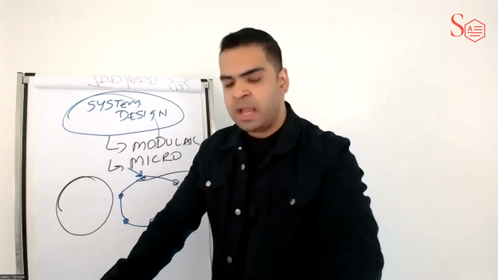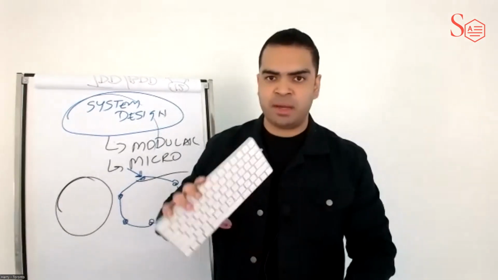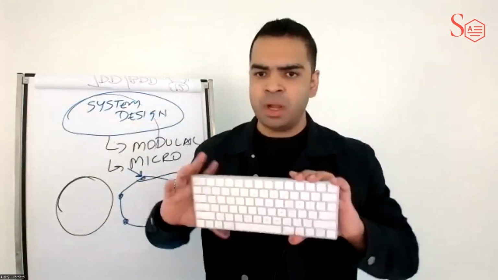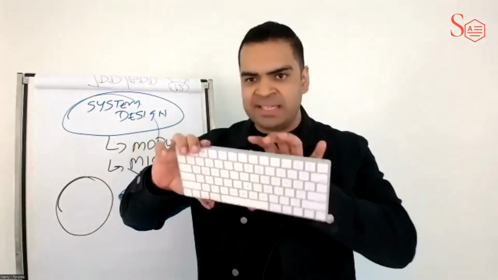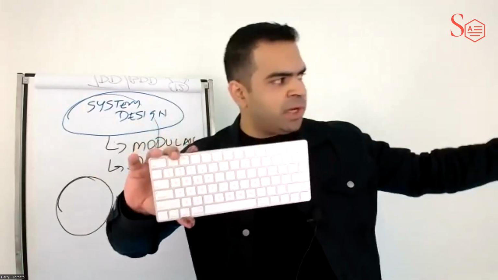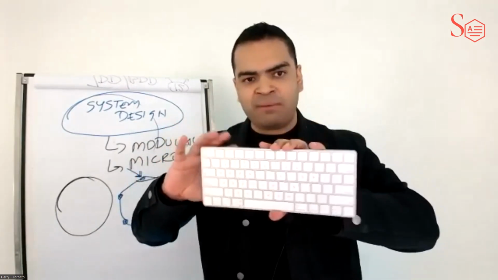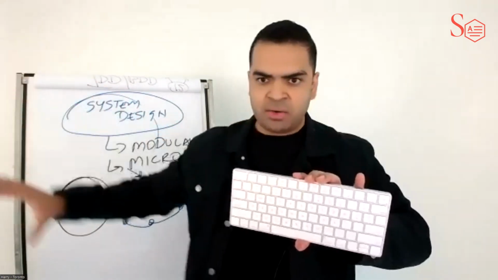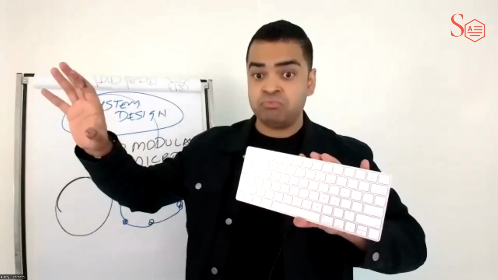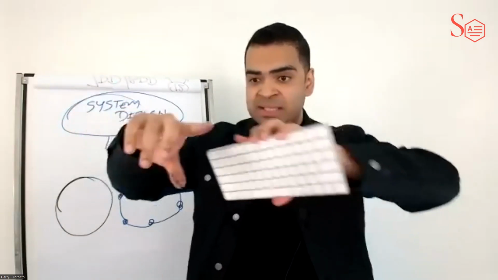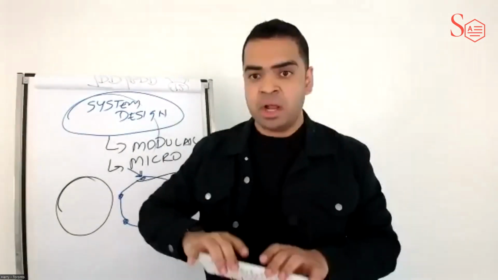As an example, I've got a keyboard over here. You see my keyboard? Yeah, this keyboard is connected to a MacBook. Now, a team built this keyboard. If that team wants to release the next version of this keyboard and I'm ready to buy it, can I buy a newer version of the keyboard without changing the rest of my system? I can, right? Because of how this system is architected.